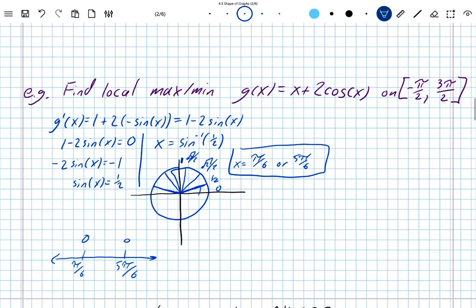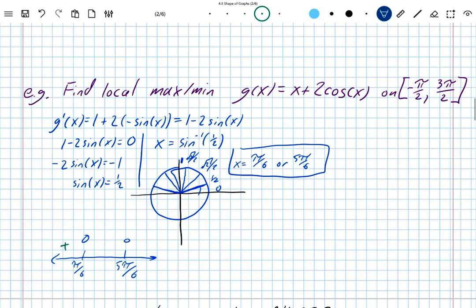If I were to plug in 0, oh, we got to go back to our derivative function up here, right? Sorry, I had a moment there. If we go back to this derivative function, and if we plug in a 0, it looks like we get a 1, which is positive.